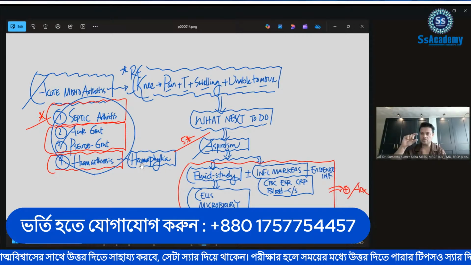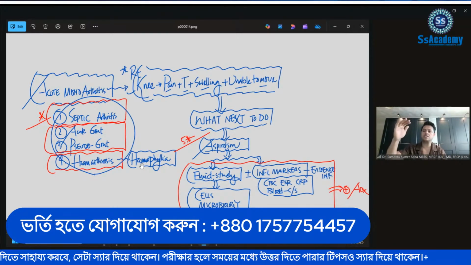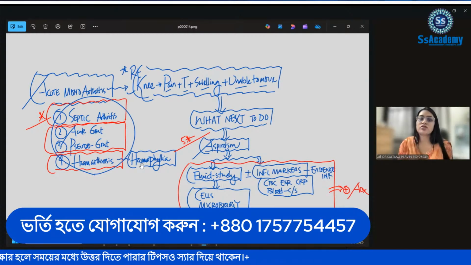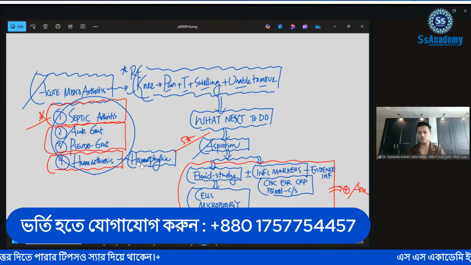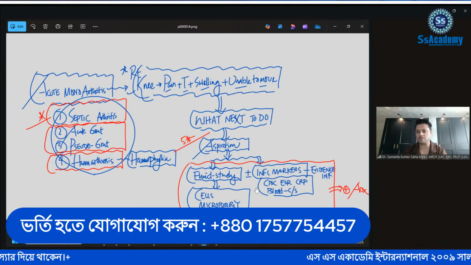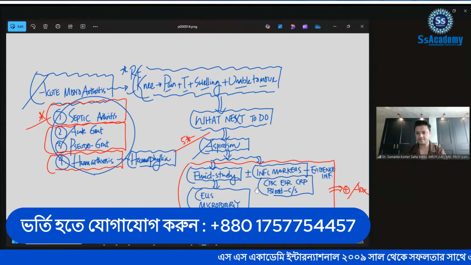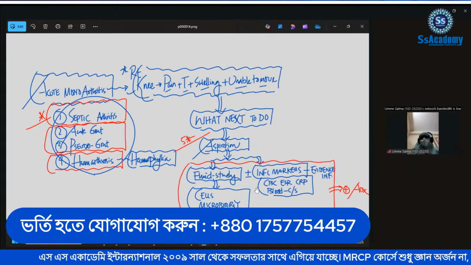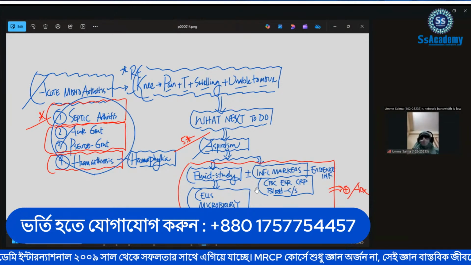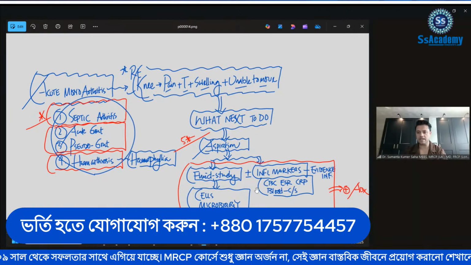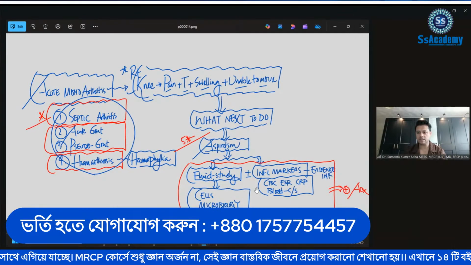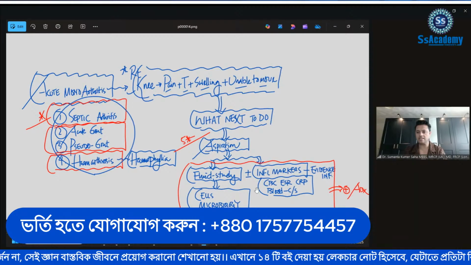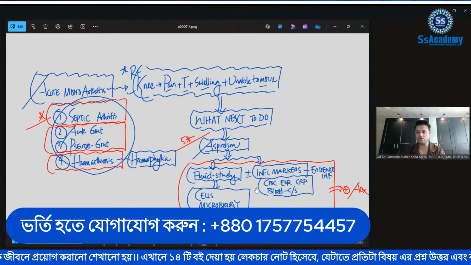Within these two boxes, acute monoarthritis means, say with me: septic arthritis, acute gout, pseudogout, and lastly, hemarthrosis. Salma, can you tell me these four diagnoses? Septic arthritis, acute gout, pseudogout, and hemarthrosis. Fantastic. Thank you very much. Dr. Rumana Jahan Dina, can you tell me the four diagnoses?